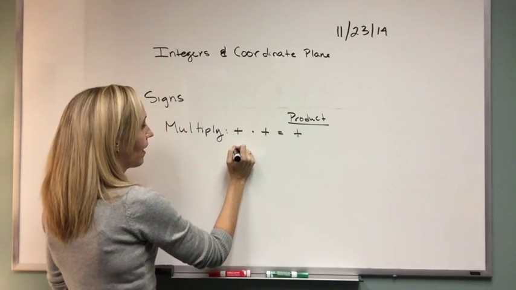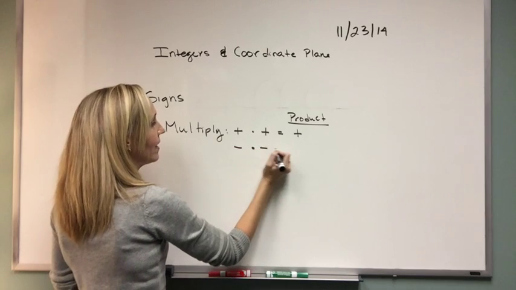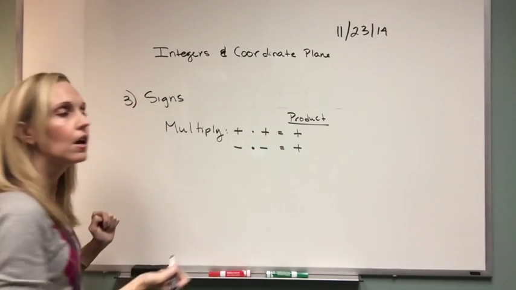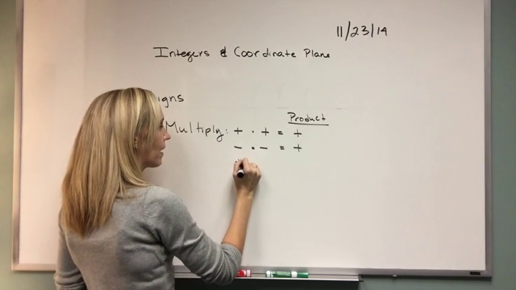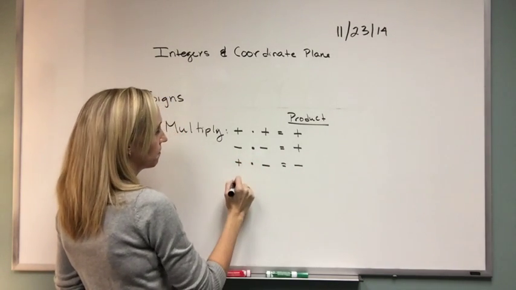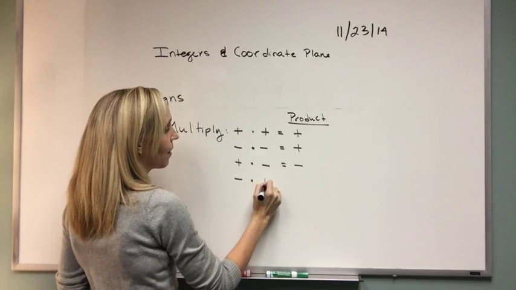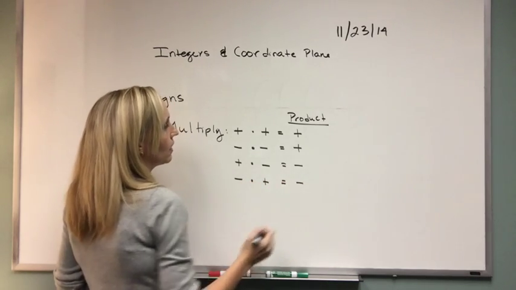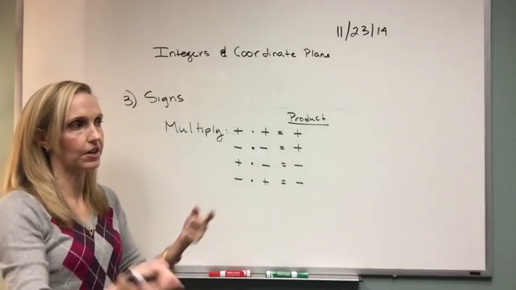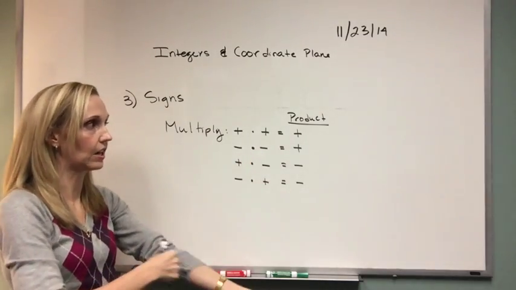And then when you multiply a negative integer by a negative integer, you also get a positive product. And then when you multiply a positive times a negative, you get a negative. And remember, order does not matter in multiplication. So whether it's positive times a negative or negative times a positive, you're still going to get a negative number.